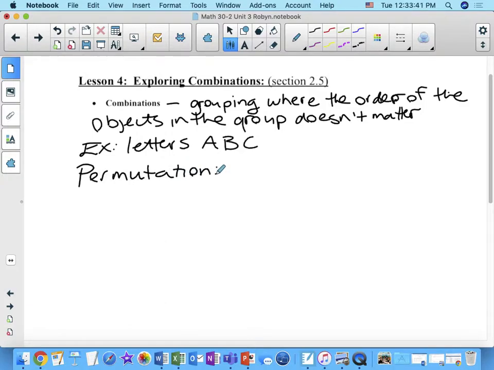How many permutations are there of those letters? How many ways can you arrange 3 letters? Yeah, some of you are holding out your hands. Yeah? 6 of them, right? There's 3 options for the first letter, 2 options for the second, and 1 for the third.